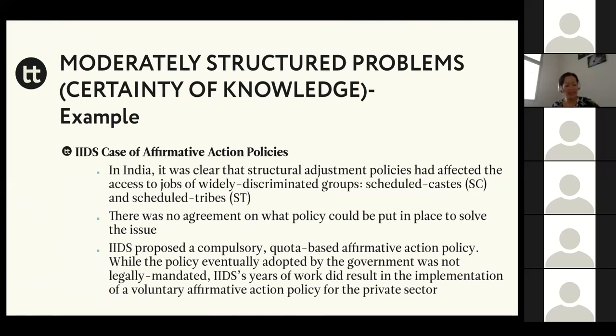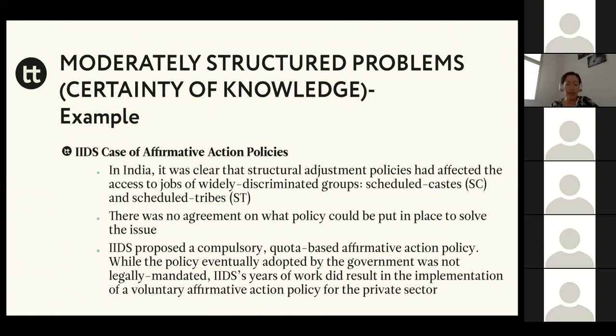So as we can see, it's not that there's a disagreement on the knowledge. It's more that we don't agree on the basic principles and the basic norms around this issue.